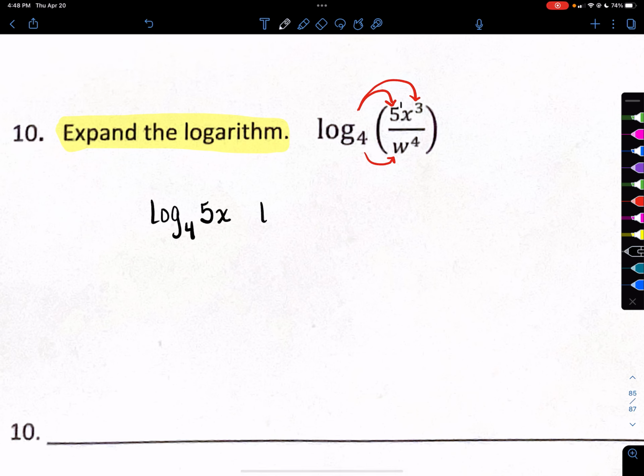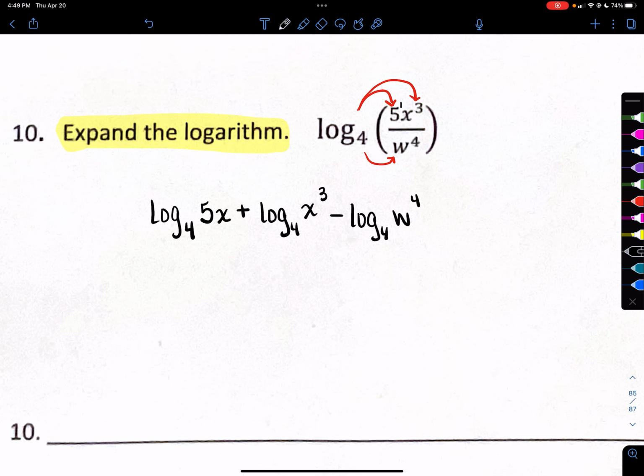Then I have log base 4 of x to the third. This one's also positive because it's in the numerator. This time I need the sign because it's not the leading term. Then I have log base 4 of w to the fourth, and this one's in the denominator, so it is a negative.